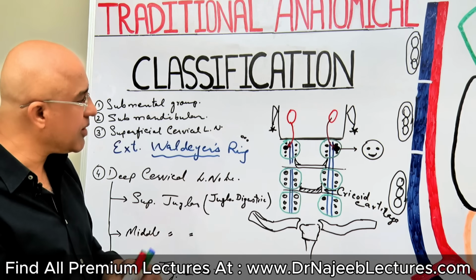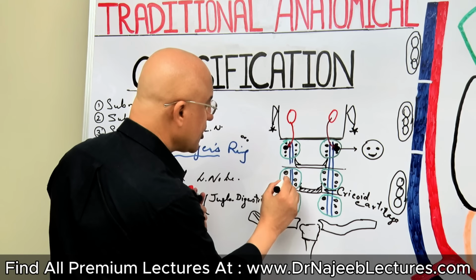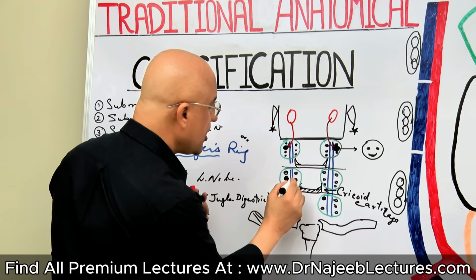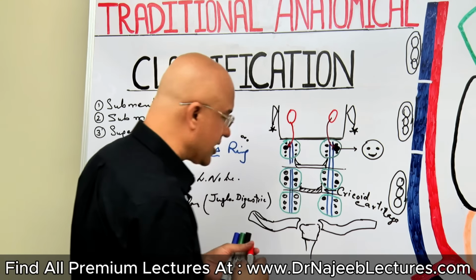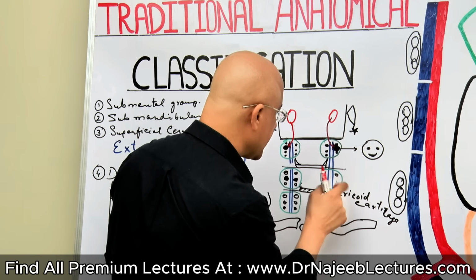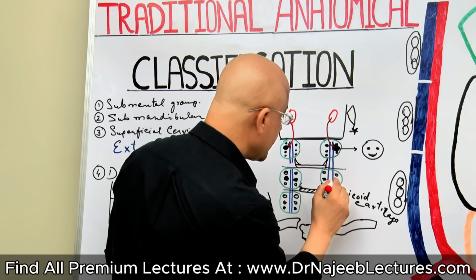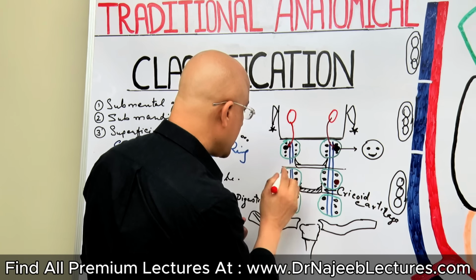Here also there is one lymph node which is very, very important. It is not really large, but it is very important. I will make this lymph node with red color because it is associated with some dangerous thing. What is this group? Middle jugular lymph nodes.